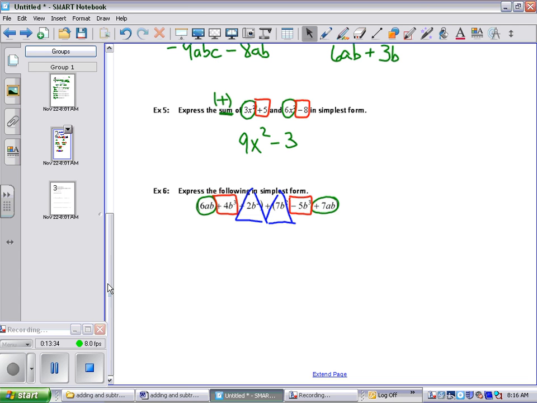So if you were to go ahead and put your 6ab and your 7ab together, all you're doing, 6 plus 7 is 13. Write down your variable, ab. So we're done with those ones. We can cross them off if we need to. What else is left? Go to your box. You've got positive 4b cubed minus 5b cubed. So that's just saying positive 4 minus 5, you get 1.